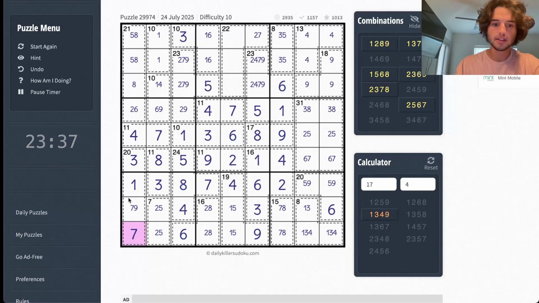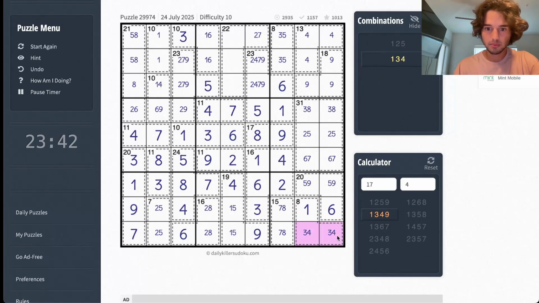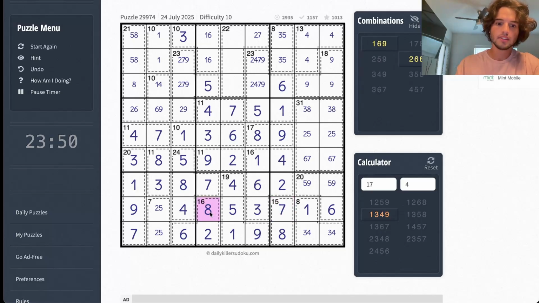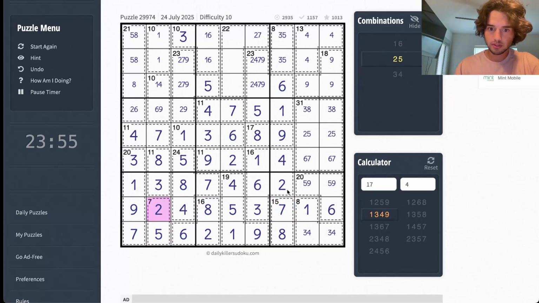That leaves us with 9, 7, and 3. 3 and 4 are not given exactly. 2, 6, and 9.